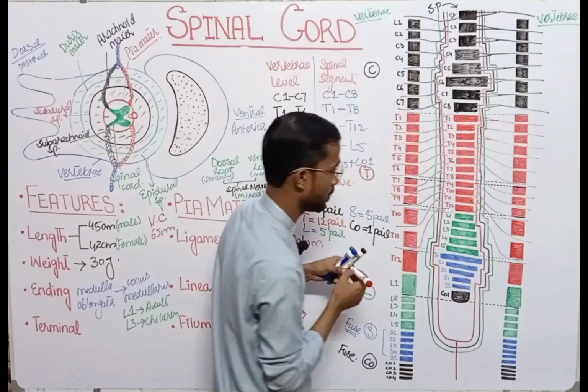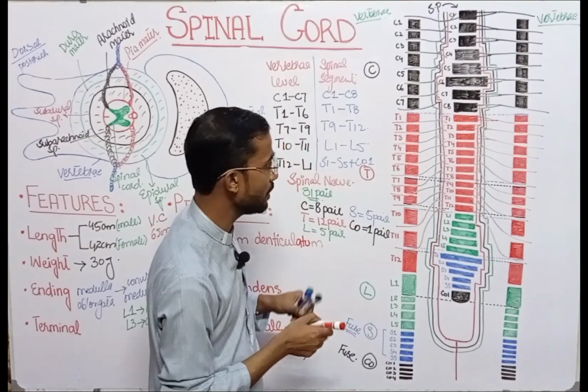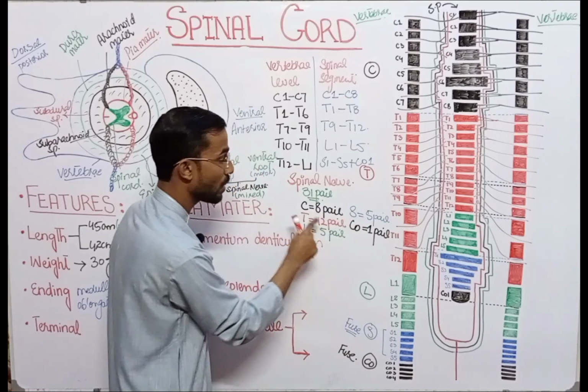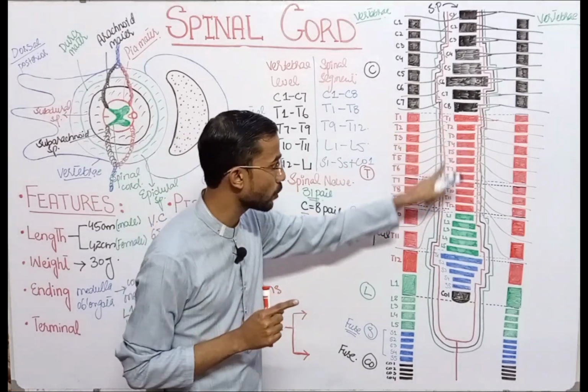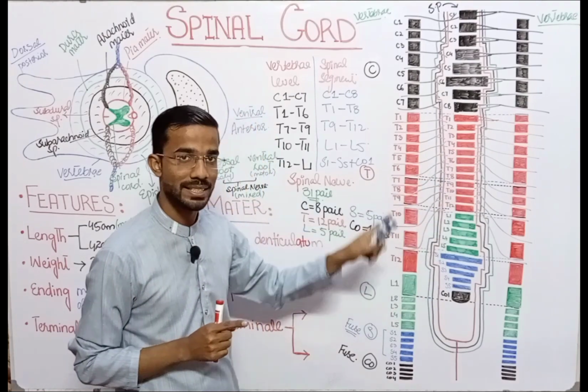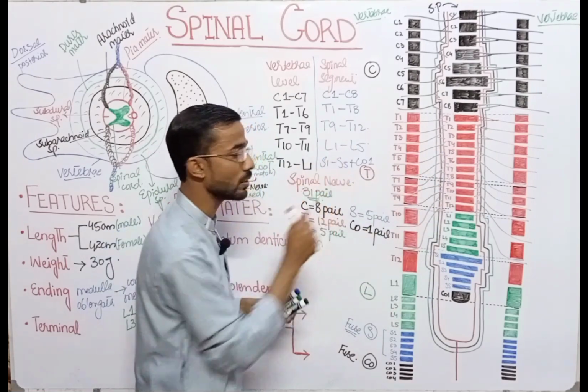These are the 12 pairs of spinal nerves that arise from the thoracic region, from T1 to T12.